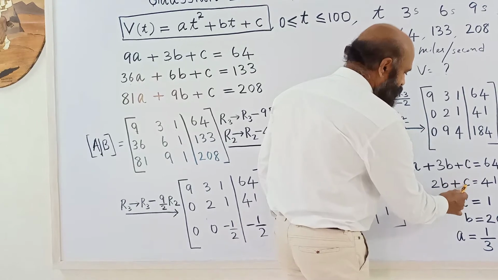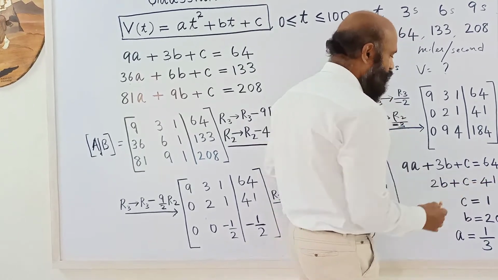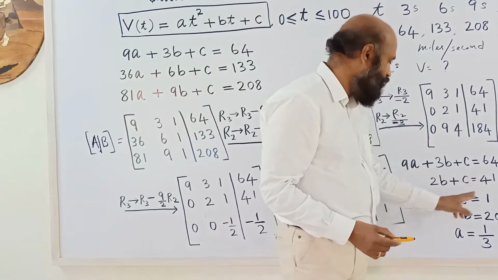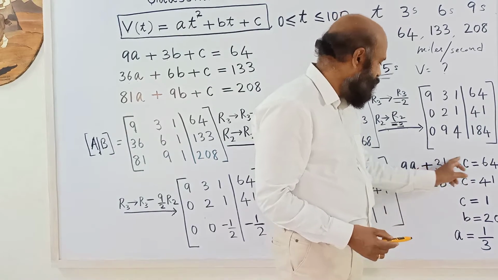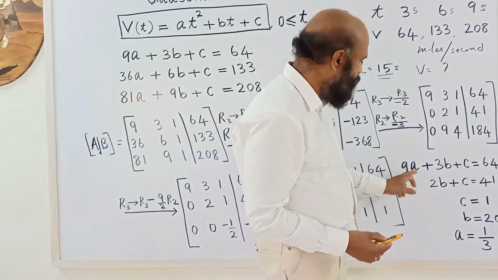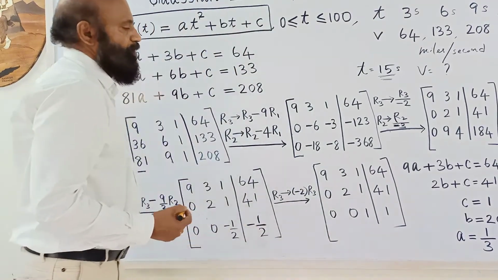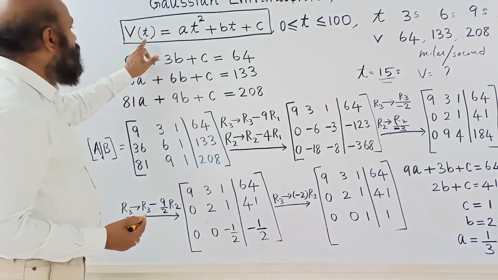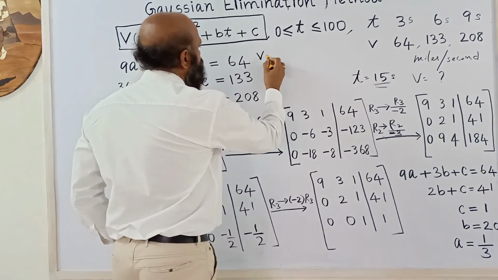Now that we got the c value, you substitute it here. So for c you can put 1. Taking it to that side, 41 minus 1 is 40. So 2b is 40, so b is 20. Putting the values for b and c in this expression and solving, you get a is equal to 1 by 3. Putting that value in this expression, you can get the velocity as this.